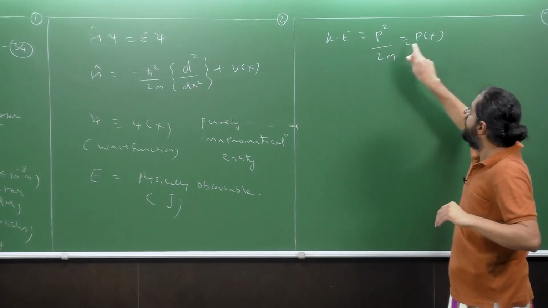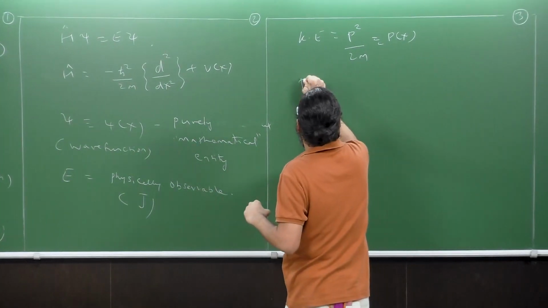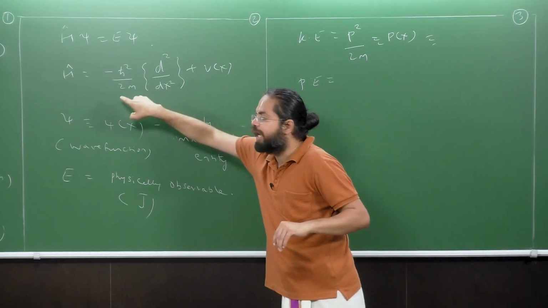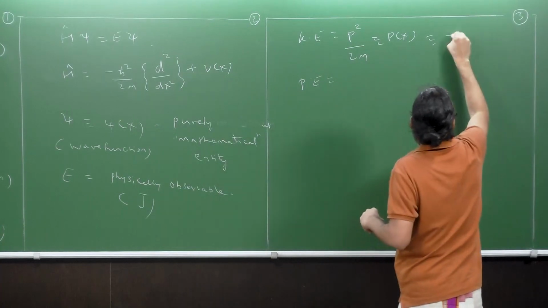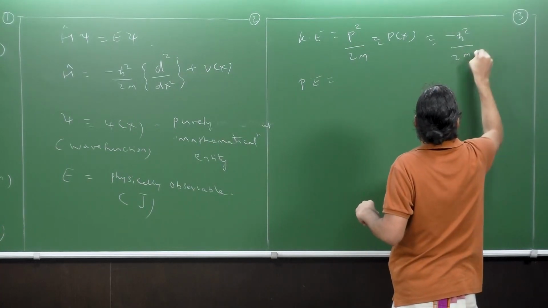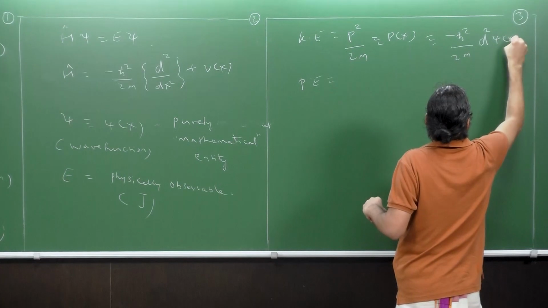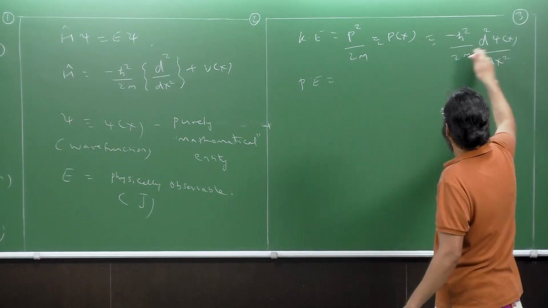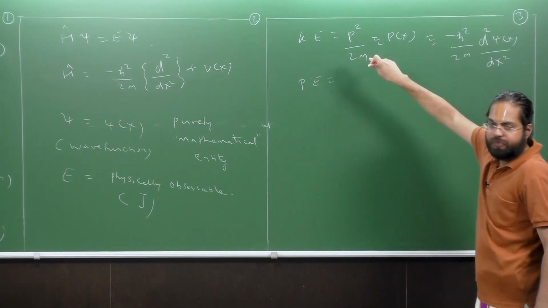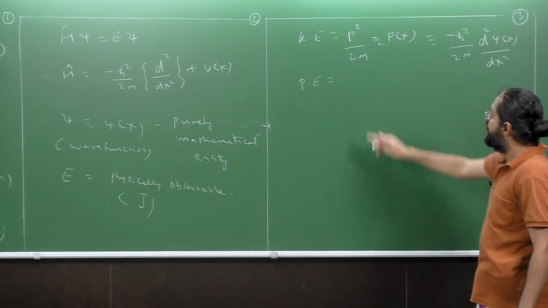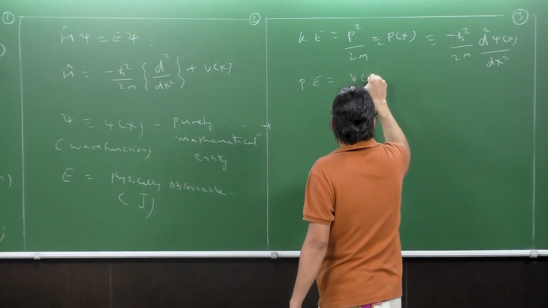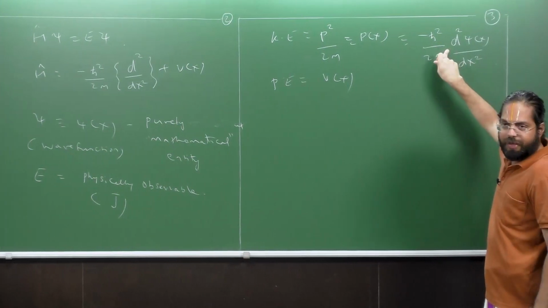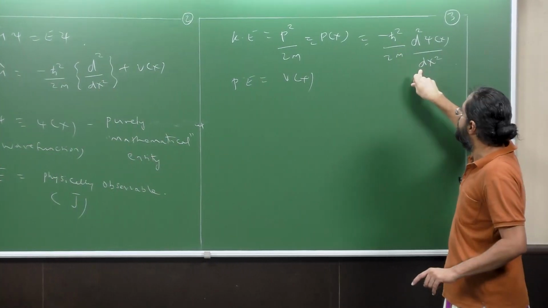Its quantum mechanical correspondence is minus h bar squared by 2m, d squared psi of x by dx squared. So this term is exactly the same as this. And your potential energy is given by V of x. You understand where we are coming from?